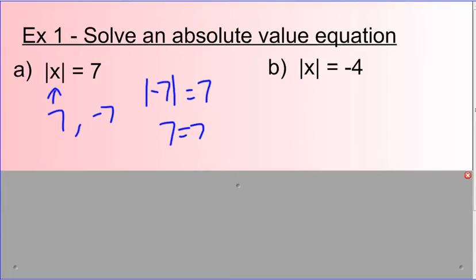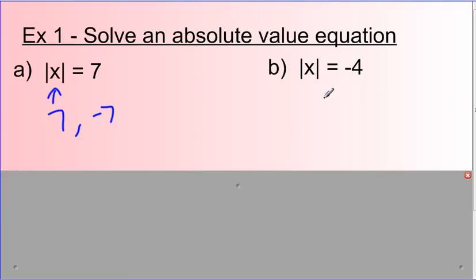Okay, what about letter B? What number could I take the absolute value of and get a negative 4? You should be thinking, you can't, because absolute values only make positive numbers. There's no way we could take the absolute value of something and get a negative 4.